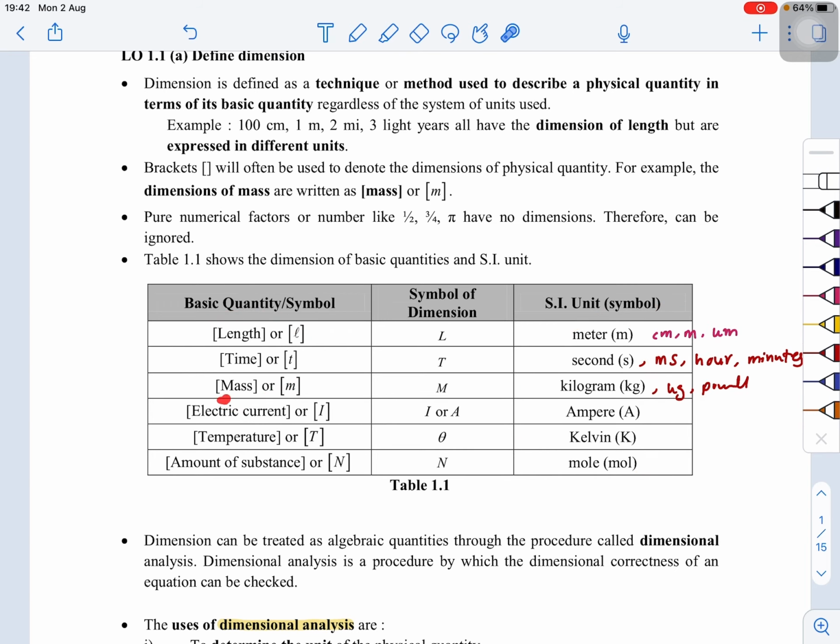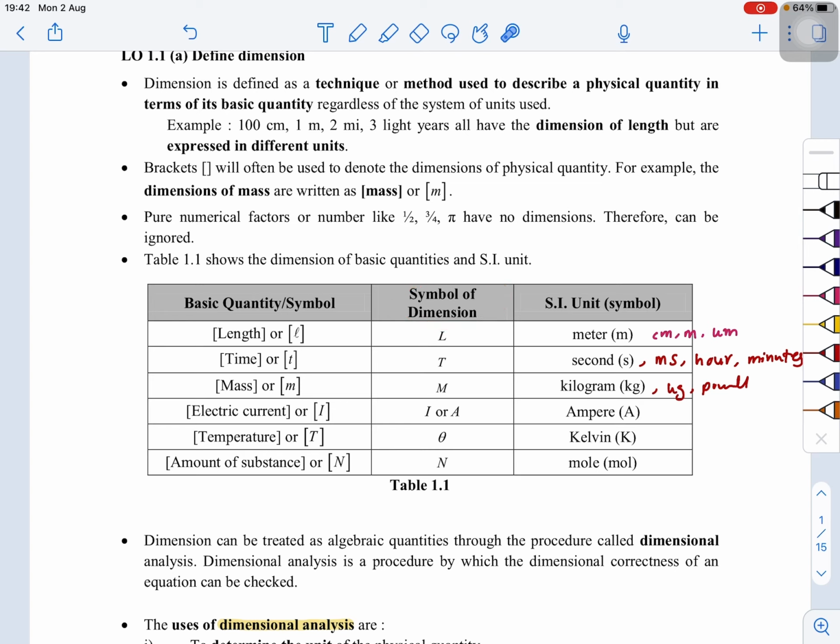Okay, so for mass, kita tahu dia adalah can be in terms of different units, but actually it's still the mass. So kita translate dia kepada dimension M, mass. So benda ni semua adalah different units, but actually same basic quantity. So that is what we call as dimension.